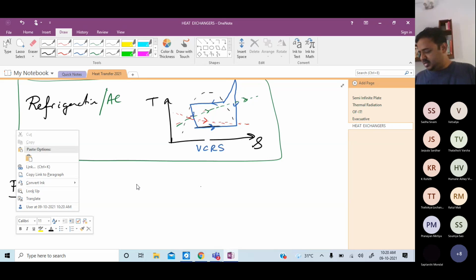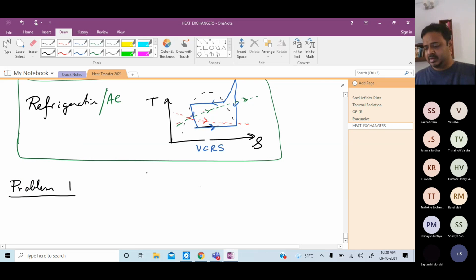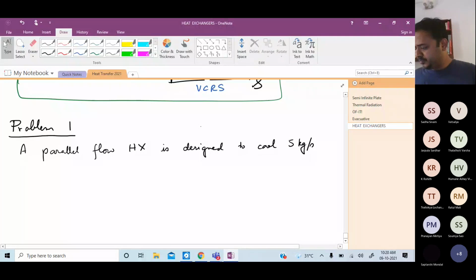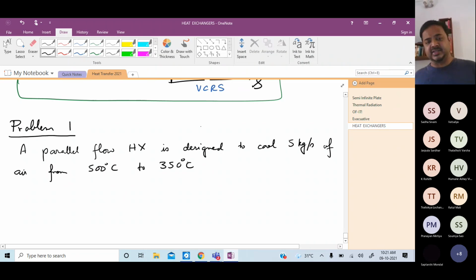The problem states that a parallel flow heat exchanger is to be designed to cool 5 kg per second of air from 500 degrees C to 350 degrees C. So these are really high temperature heat exchangers.